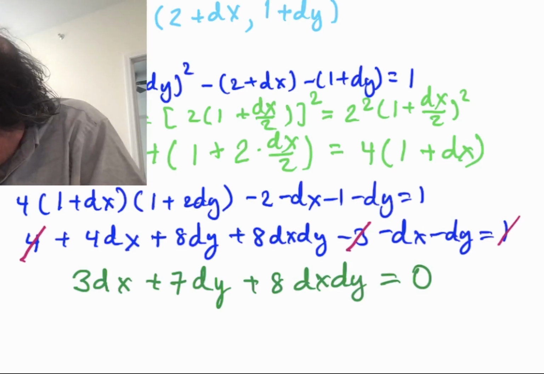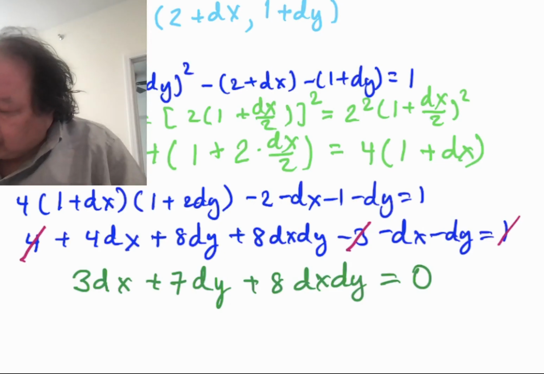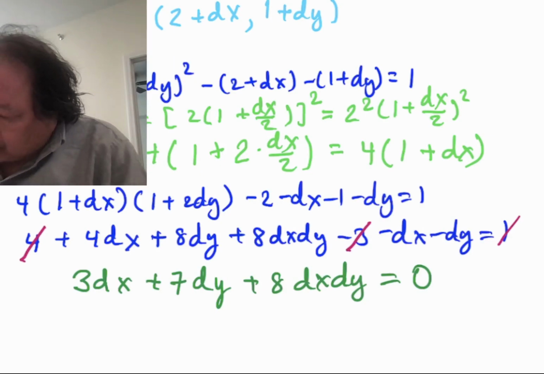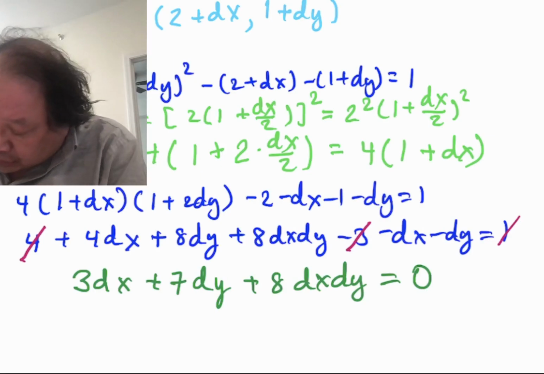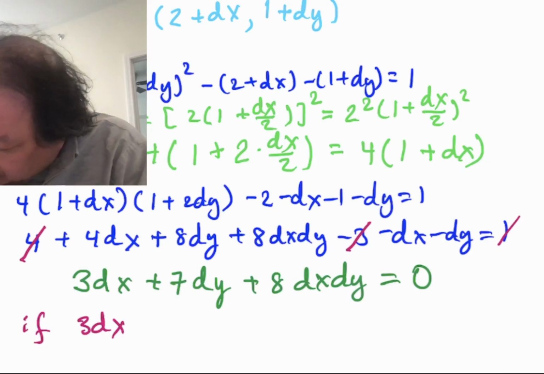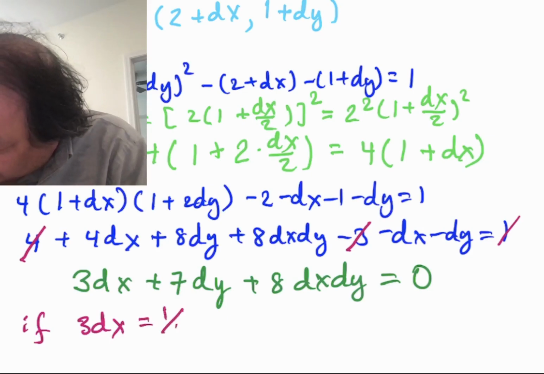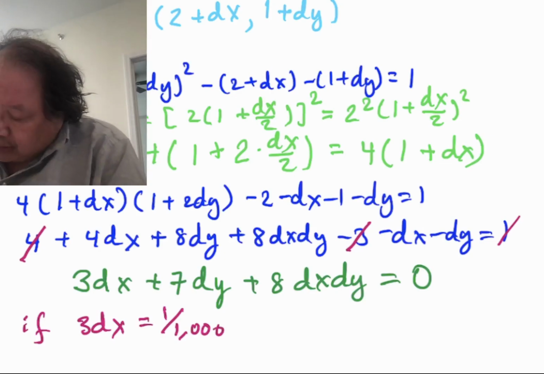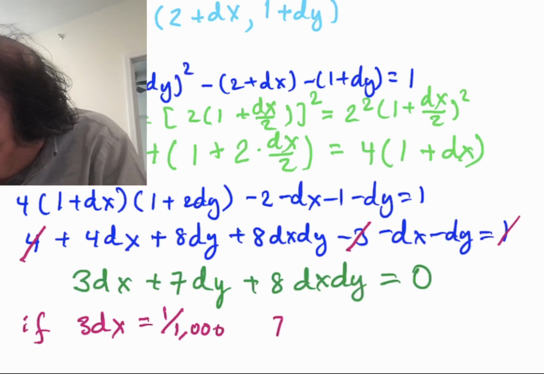And we want to consider small values for x and y. One thing we can notice is that if we set 3 dx to be the small number 1 over 1,000, and 7 dy to minus 1 over 1,000.